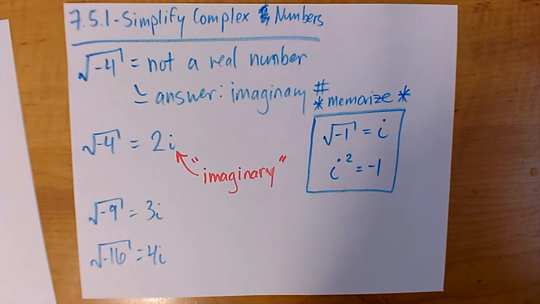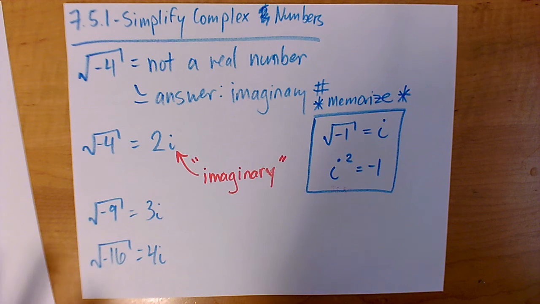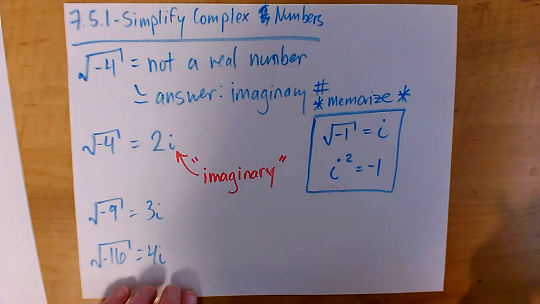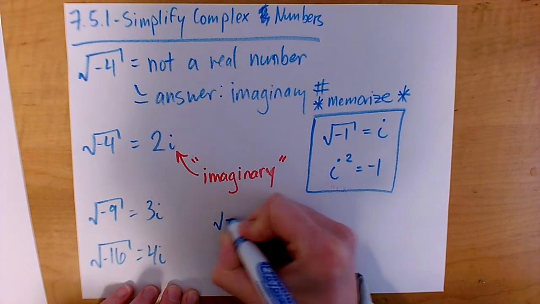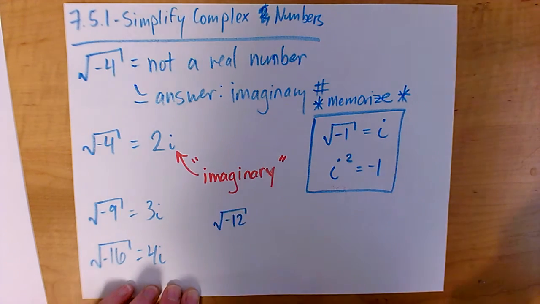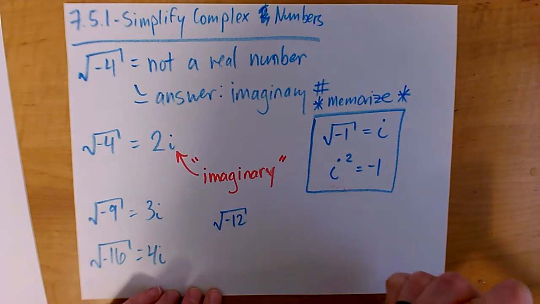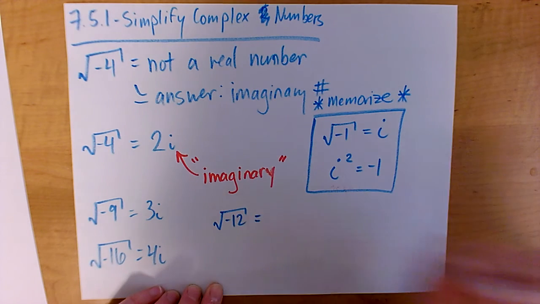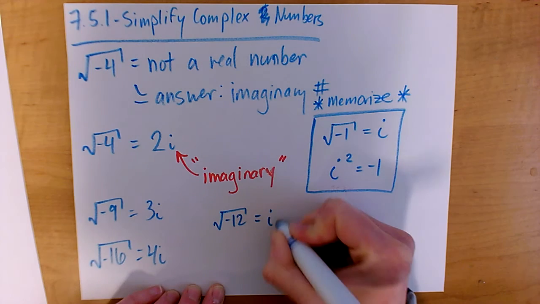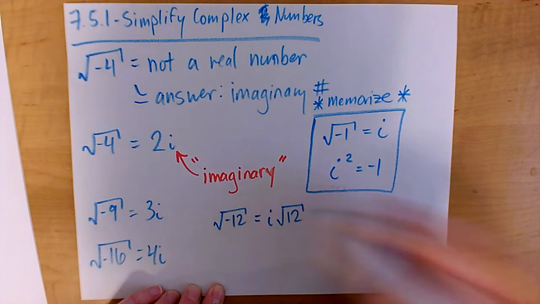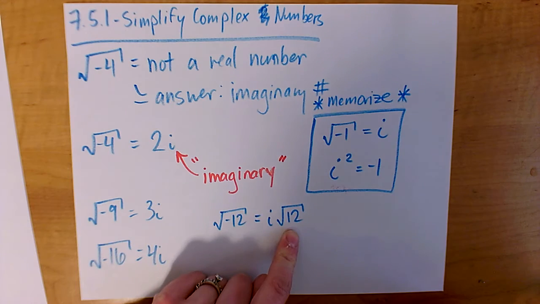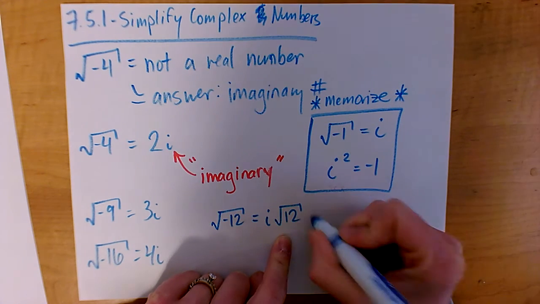Okay, so moving on from here, now we can also take the square root of things that aren't perfect squares, right? So let's say we have something like the square root of -12. Well, the first thing we always do when we take a square root of a negative is pull the i out. So your first step would be to rewrite this as i root 12, and then you could take 12 and break that down into 4 and 3.